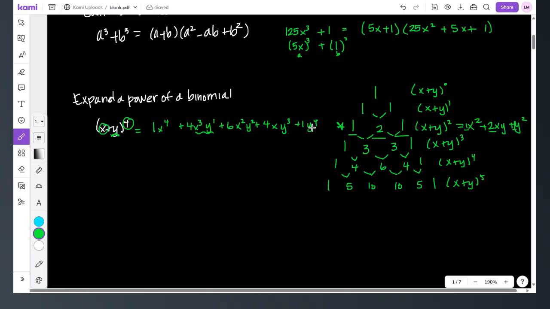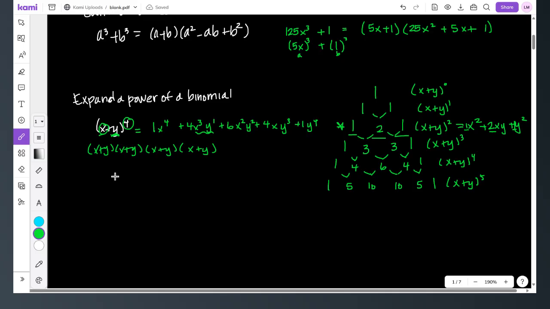And they do. I start with the first variable, go down, second variable, start at 0 and go up. Right? And that's the binomial expansion. Way faster than having to do this, multiply it out that many times.